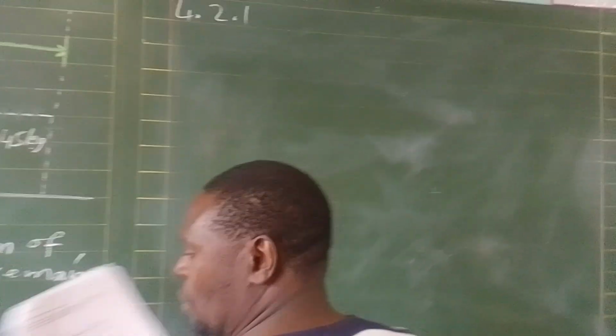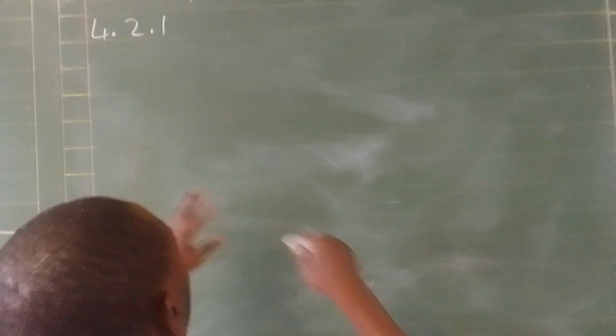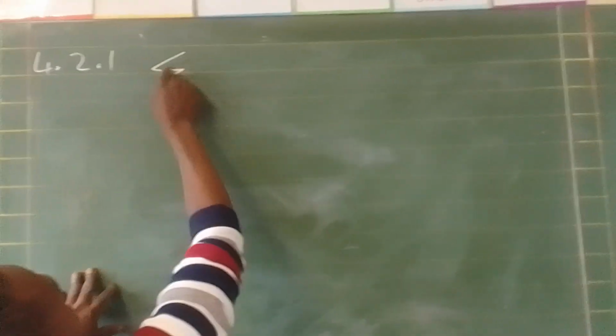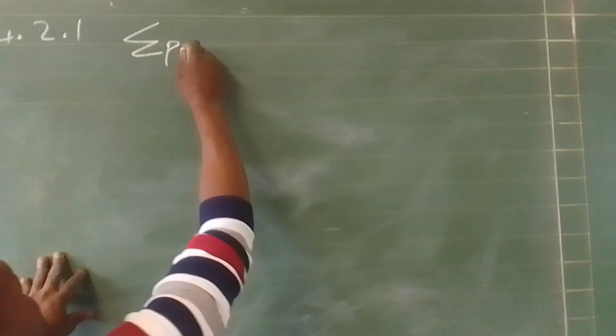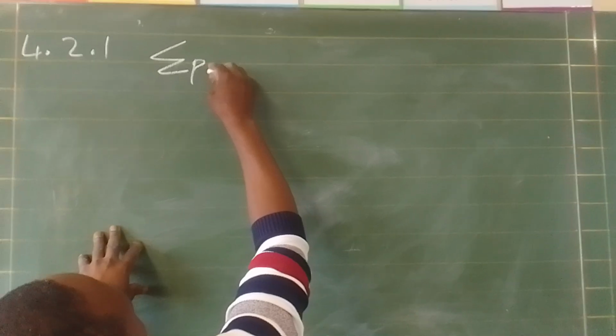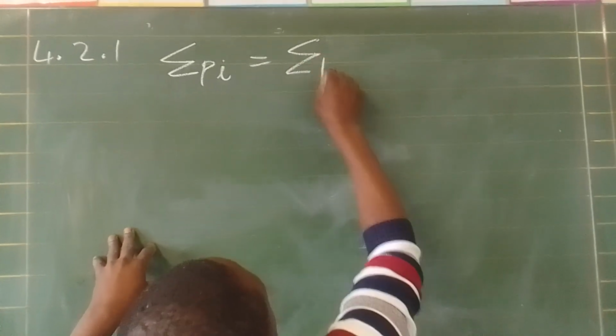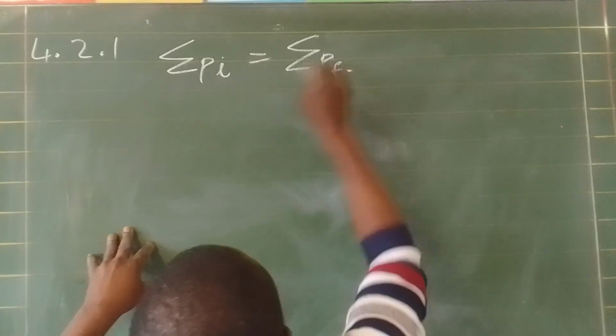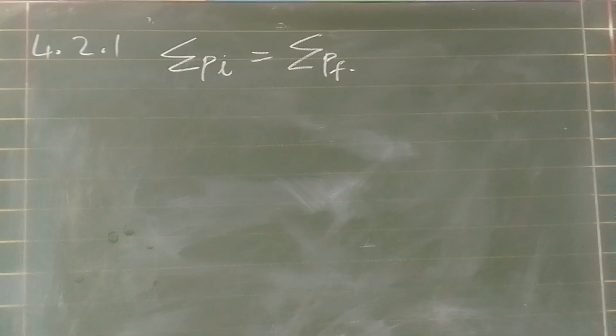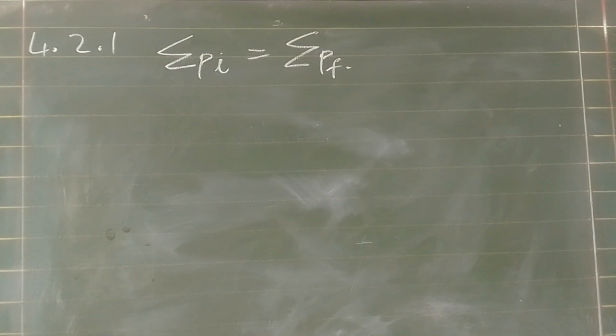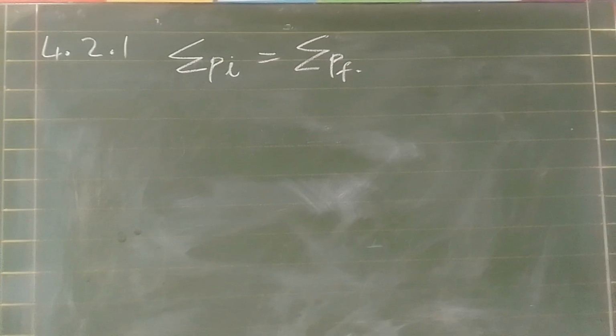So the formula for the momentum, we are going to use it as: the sum of the momentum initial is equal to the sum of the momentum final. This is the formula that you are going to use for this.